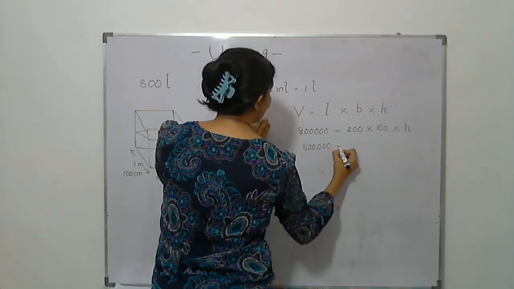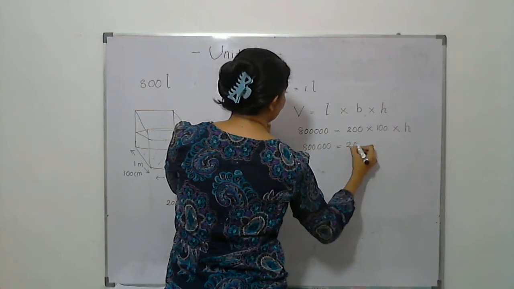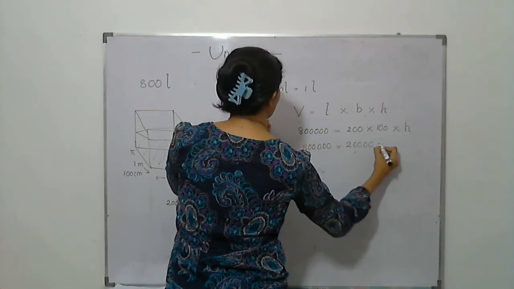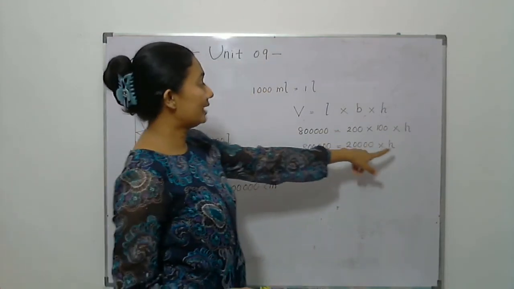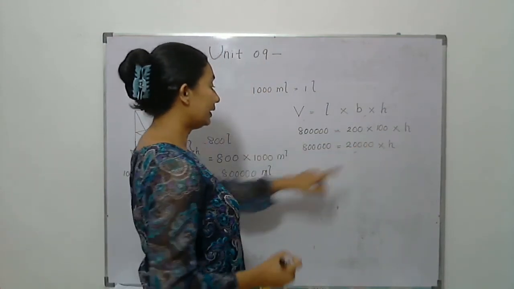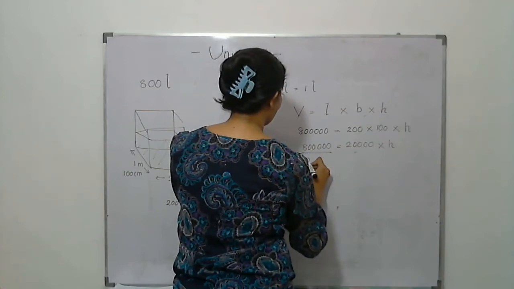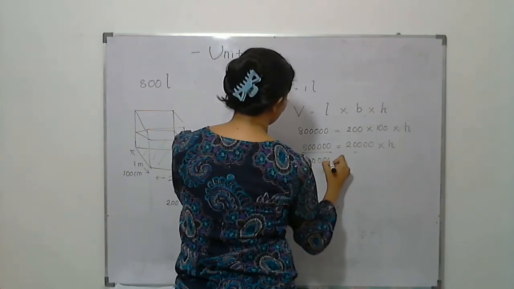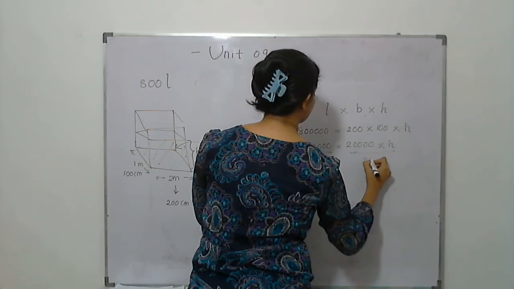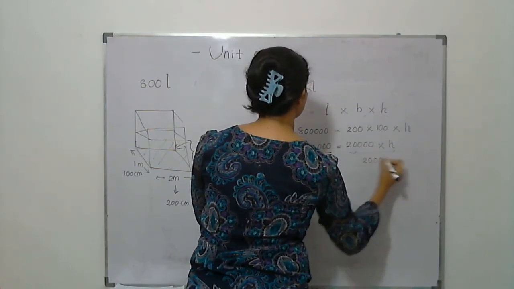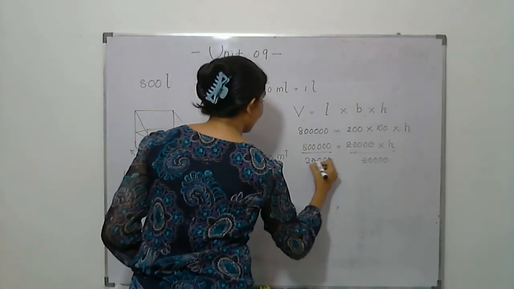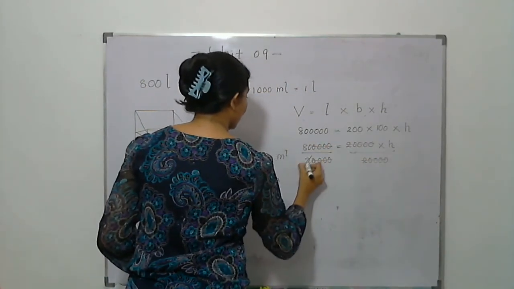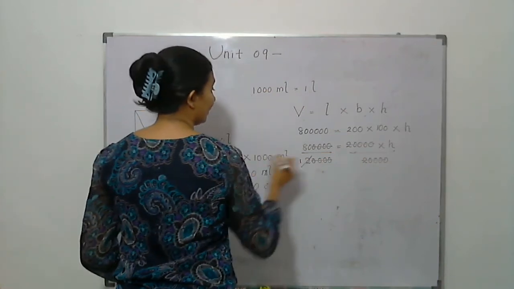800,000 equals 200 into 100 into h, which is 20,000 into h. To find h, you have to divide this side by 20,000 and this side also by 20,000. Then the zeros cancel, and 800,000 divided by 20,000 gives 40.